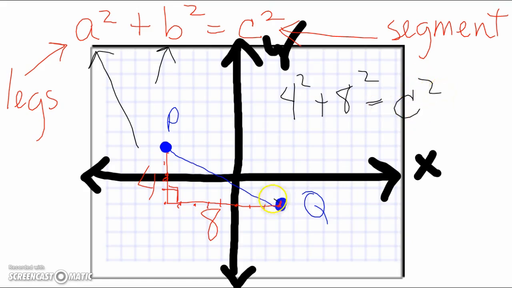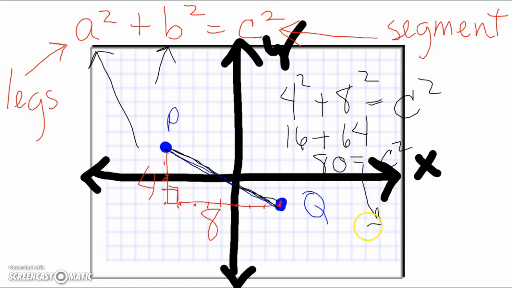And C is actually going to be the length of PQ. 4 squared is 16, 8 squared is 64. You add them up and you're going to get what? That's a 0, carry your 1, that's an 80. 80 equals the C squared.